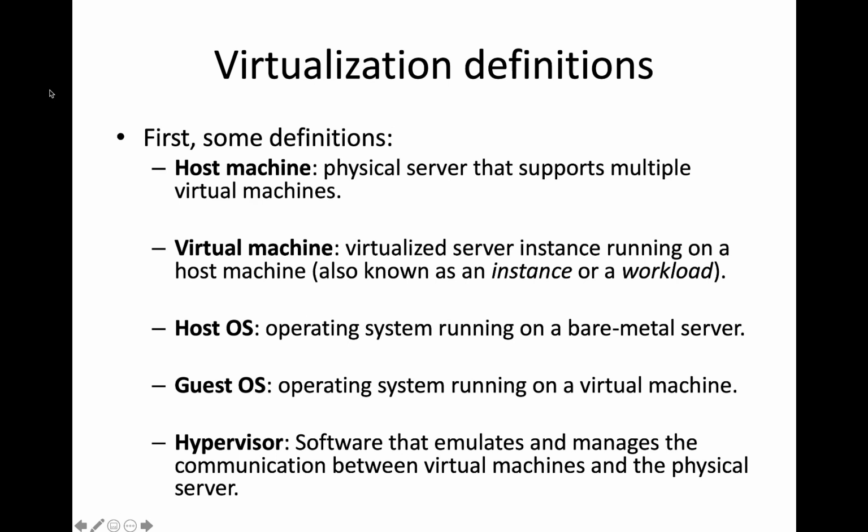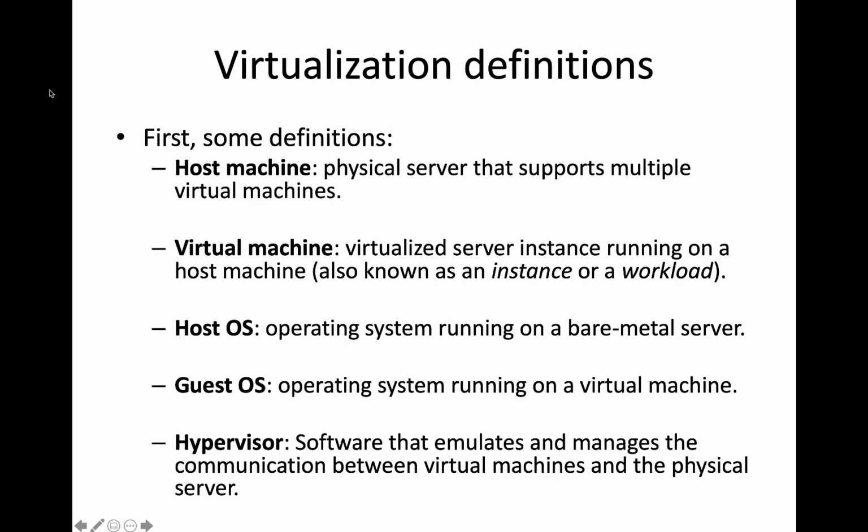The host operating system is the operating system that is installed on the physical server. Sometimes it's also called the bare metal server. And then the guest operating system is the operating system that's running in a virtual machine. You'll have a host operating system that has some sort of OS, and that host operating system is going to be running and supporting one or more virtual machines, each of which has its own guest operating system.